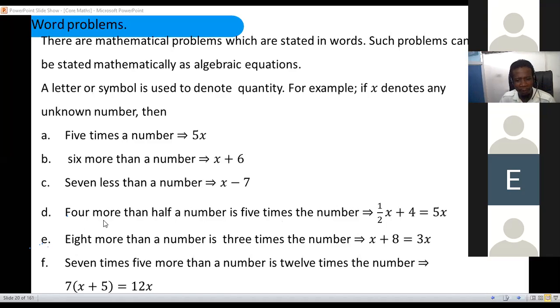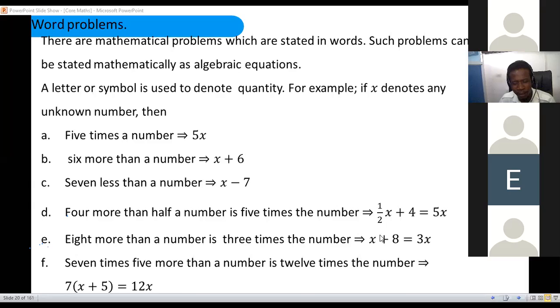So when we have 4 more than half a number to be 1 over 2x plus 4, the statement continues. 4 more than half a number is 5 times the number.